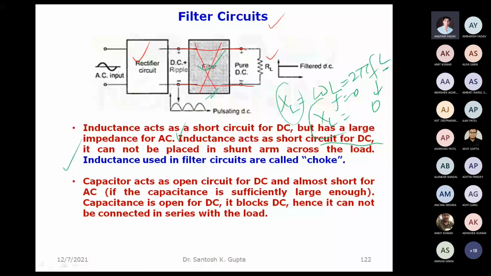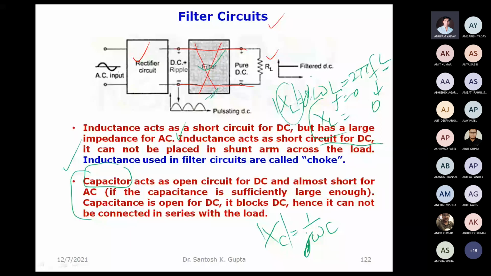Another electrical component which is there is the capacitor. So we can use the capacitor also. The capacitor actually is just opposite to that of the inductor. The capacitor impedance is given by 1 upon omega C. Actually we are not writing j here, just look at these as the magnitudes.